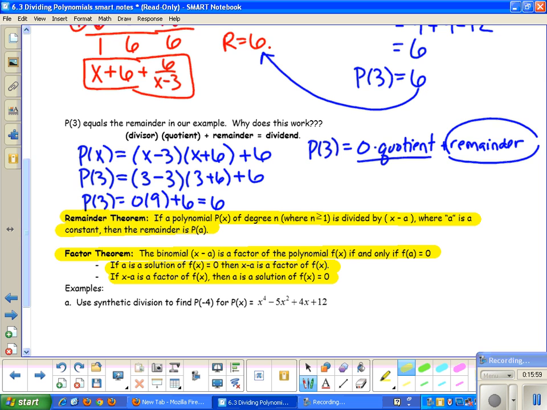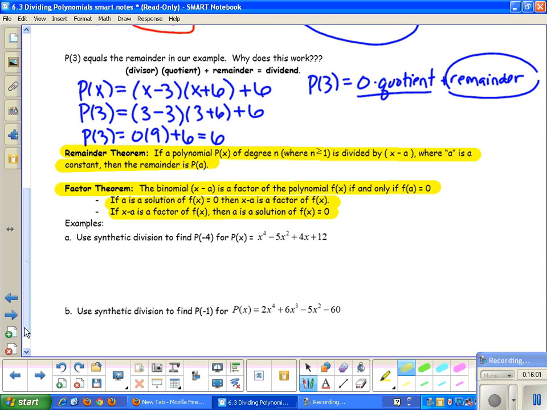So for some examples, just to show you, it says use synthetic division to find p of -4, and then showing that that's going to give us our remainder.